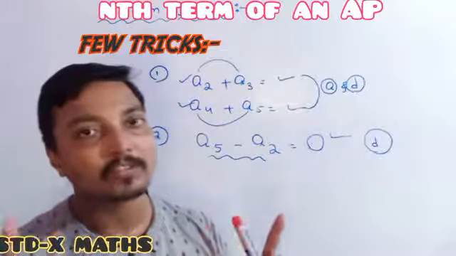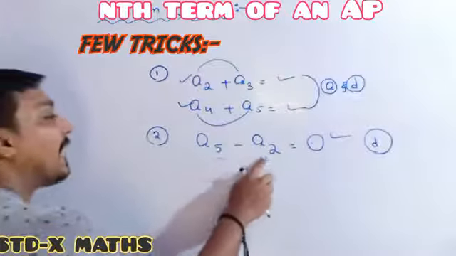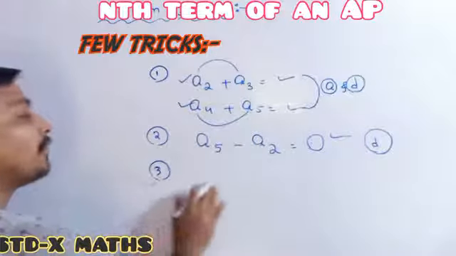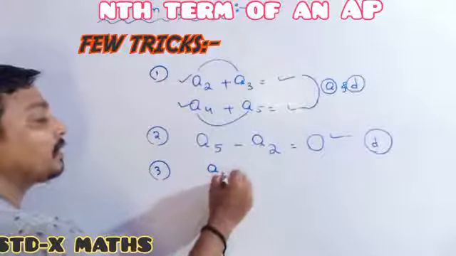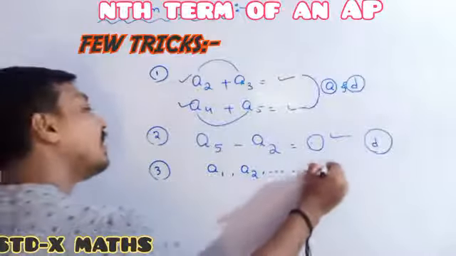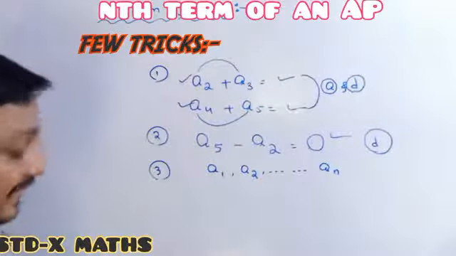Perfectly understood? Another trick I am saying, everyone see. Another trick you have to see. Everyone knows an AP will be in the form of A1, A2, dot dot dot, last one is AN.